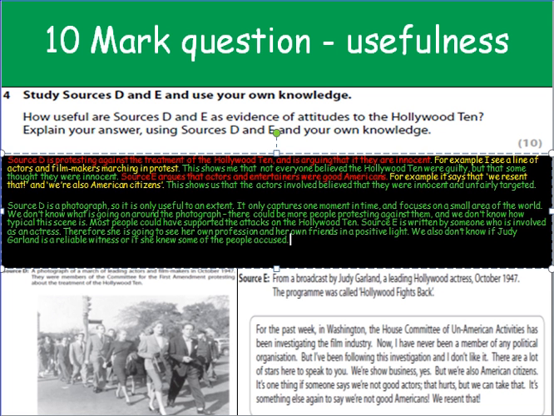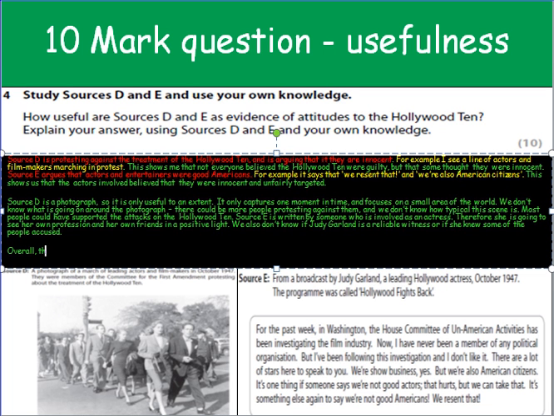So we've analysed the sources for their usefulness here, and then we just need to say overall the sources are not very useful because they both involve actors who were the ones being accused.